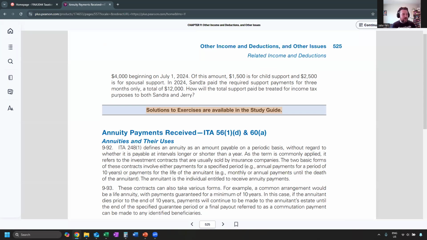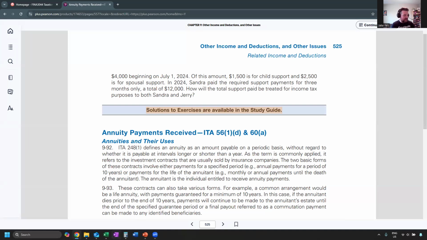In 2024, Sandra paid the required support payments for 3 months only, a total of $12,000. So Sandra was supposed to pay $24,000, 6 months of $4,000, but she only paid $12,000. How do we treat this? How do we figure out how much Sandra can deduct from her income?